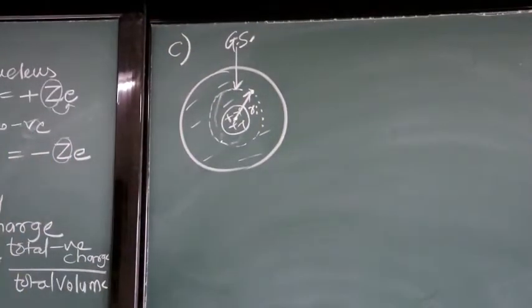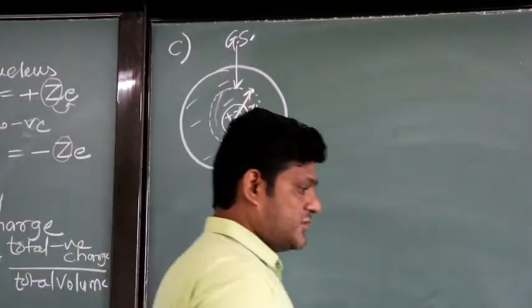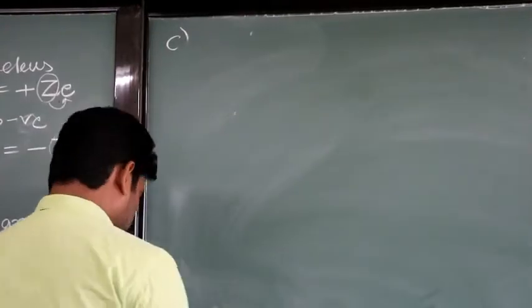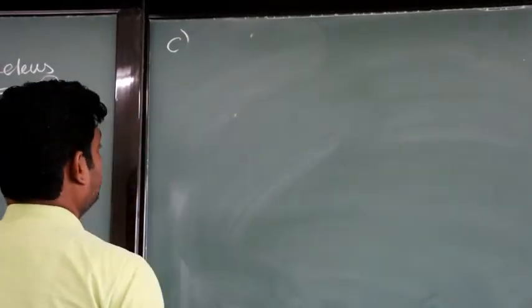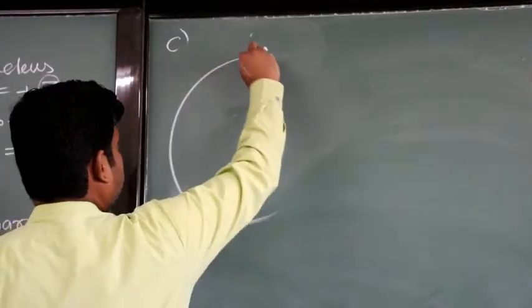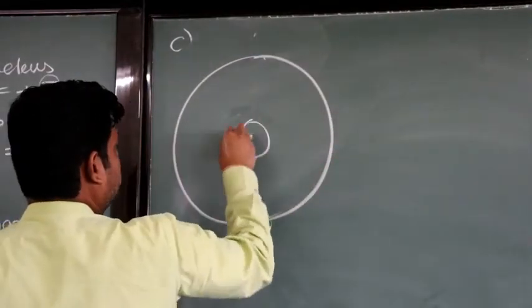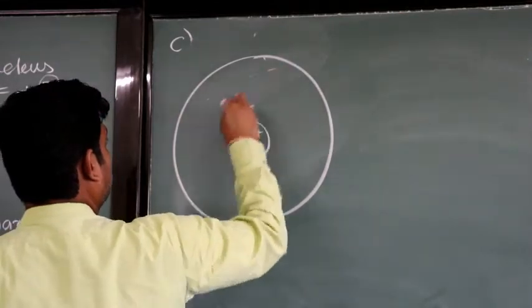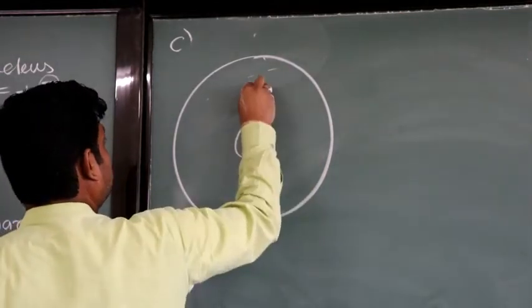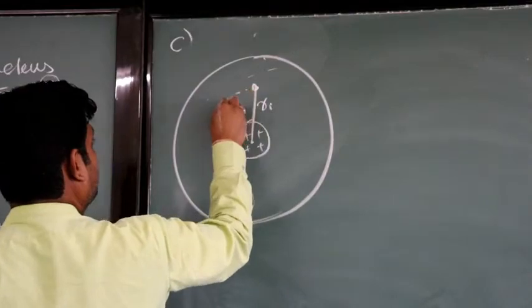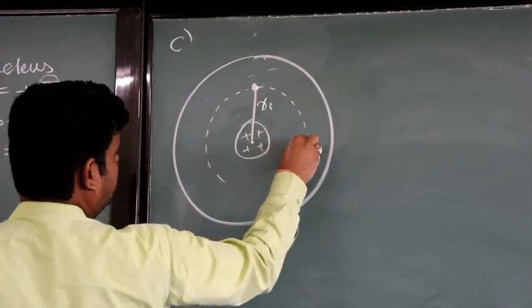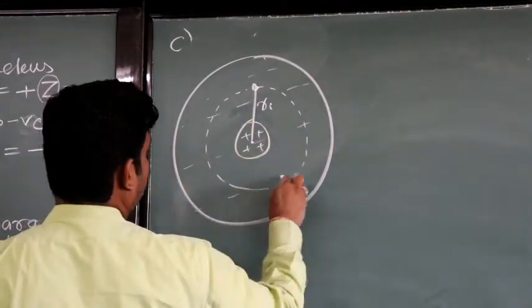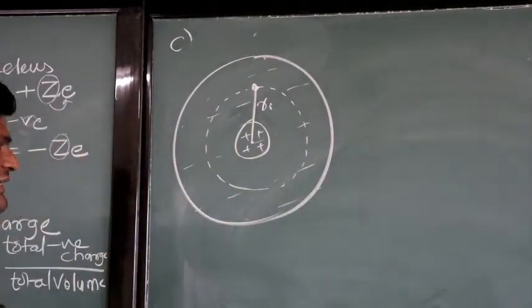This is GS. Please concentrate on the diagram, because for this the diagram plays a very important role. See, this is your atom, this is the nucleus, with positive charges, and negative charges at a distance Ri. These are the negative charges.